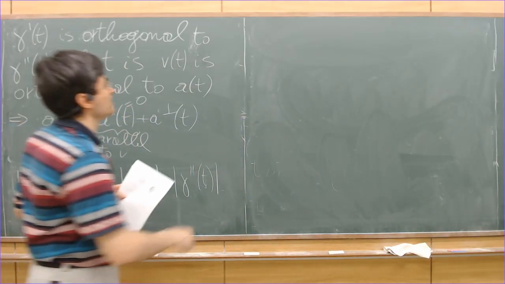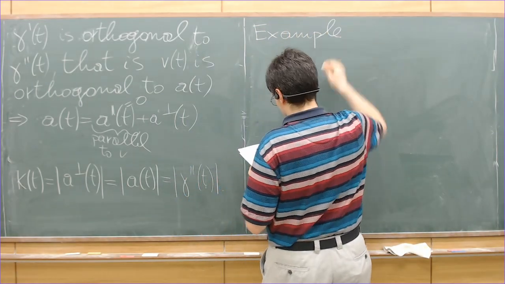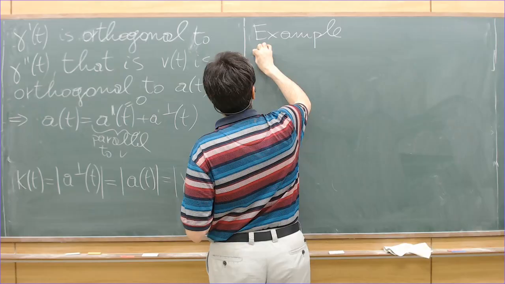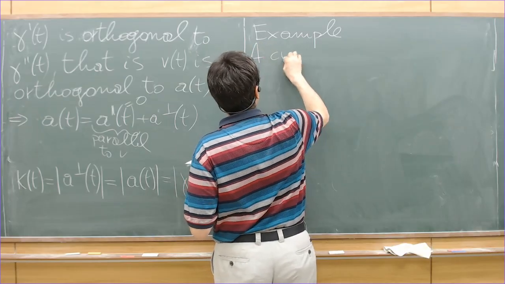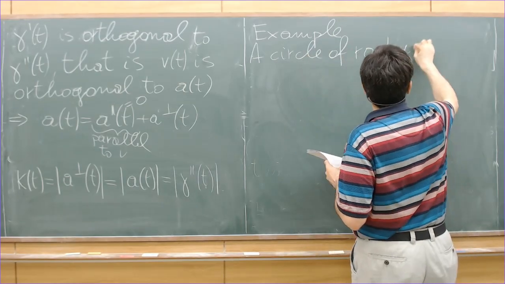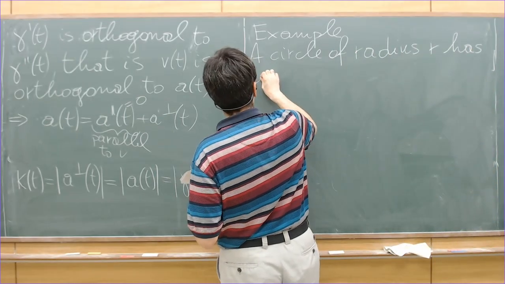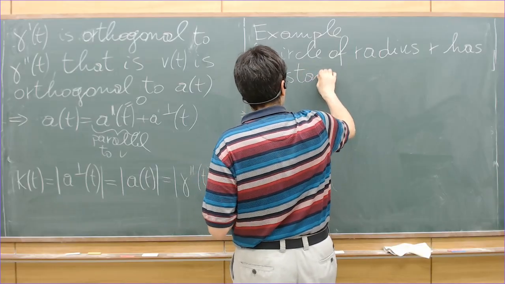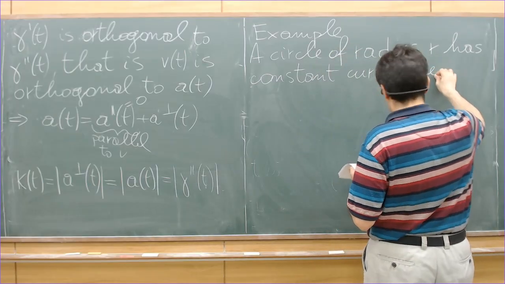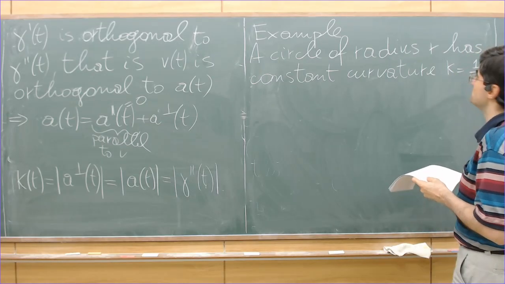Okay, let's see one example. Let's prove that a circle of radius r has a constant curvature k equal to 1 over the radius.